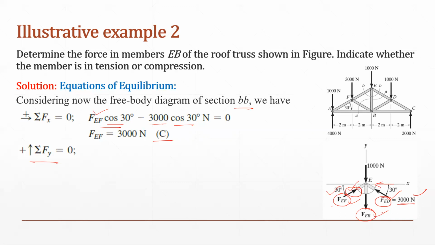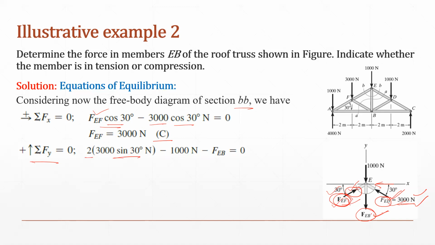We know the values of FEF and FED, so the only unknown is FEB. The vertical component of FEF will be FEF sine 30, and similarly for FED it will be FED sine 30. Both are 3000 Newton, so I have written 2 times 3000 sine 30, because the vertical components of FEF and FED are the same.